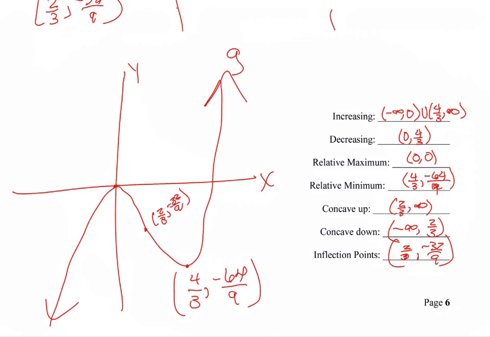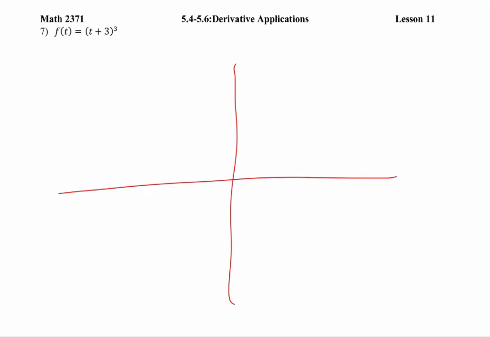And the next one is one that we know, and it's just to show you how to get the information. So what I'm going to do is, we know that this is the graph. We know that the vertex of this thing is (-3, 0), and that the graph looks like this.